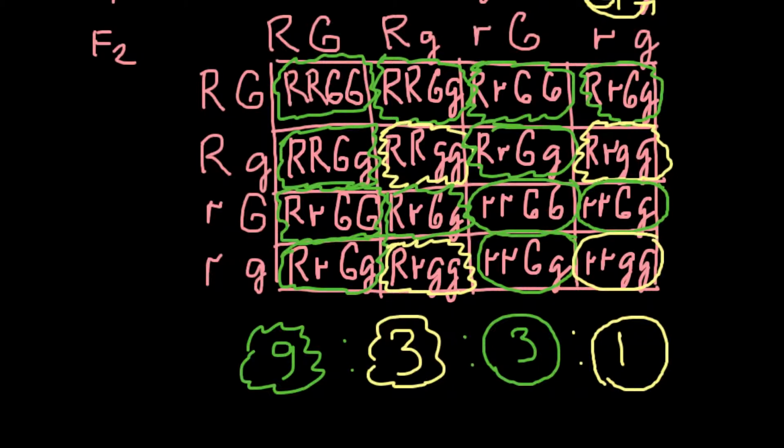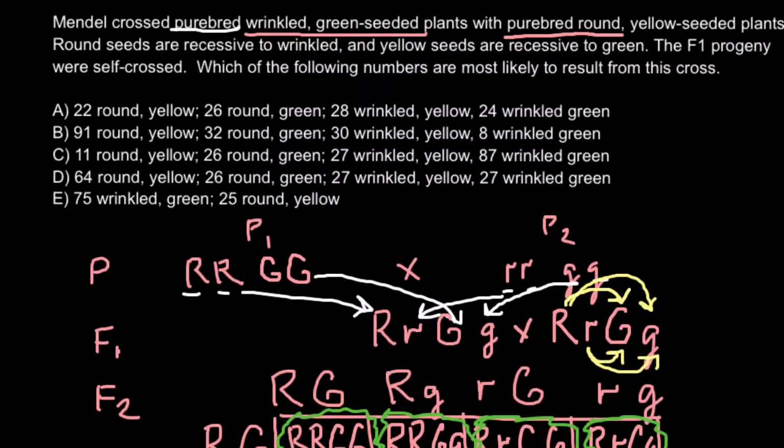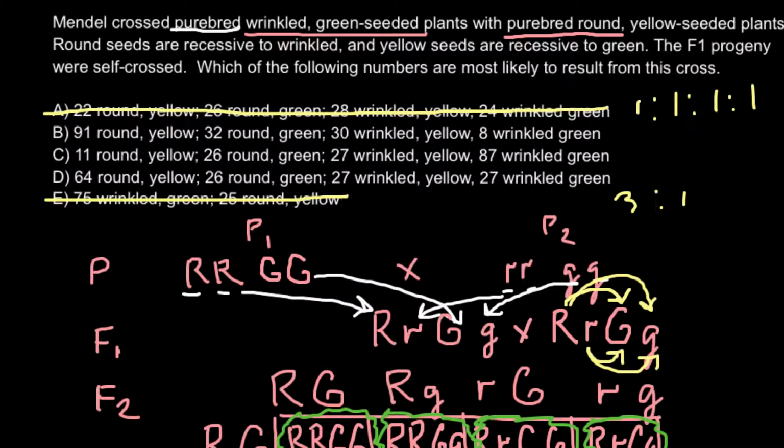Now let's return to the given answers that we have to choose from, and let's check what ratios we have here. In answer A, we have a ratio of 1 to 1 to 1 to 1, so this is the wrong answer. And for example, in answer E, we have a ratio of 3 to 1, so we can also cross out this answer.